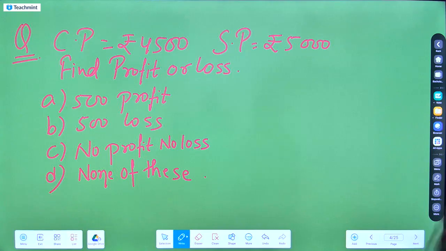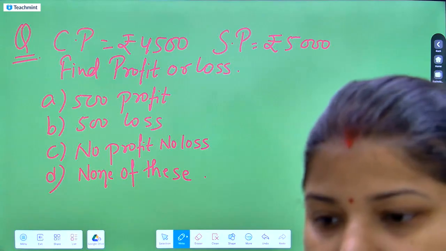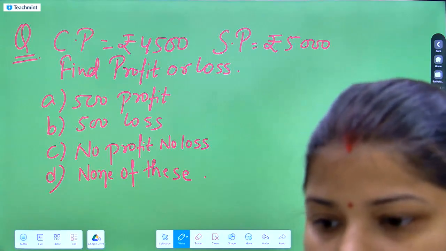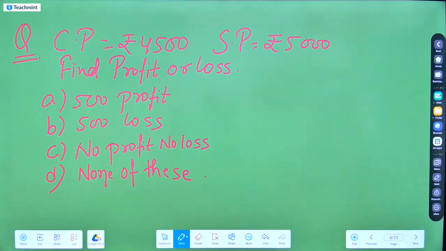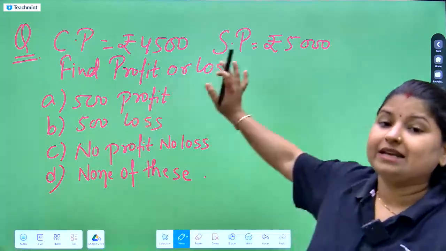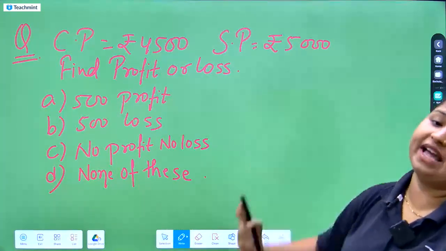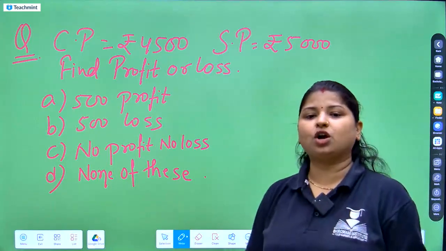Okay, Tejas, Nandini, Yasha. Very good, beta. First three to answer me. Almost 8 of you have given the correct answer. Very good, dear. And it was very easy. Cost price is 4,500. Selling price is 5,000. You have to find profit or loss.